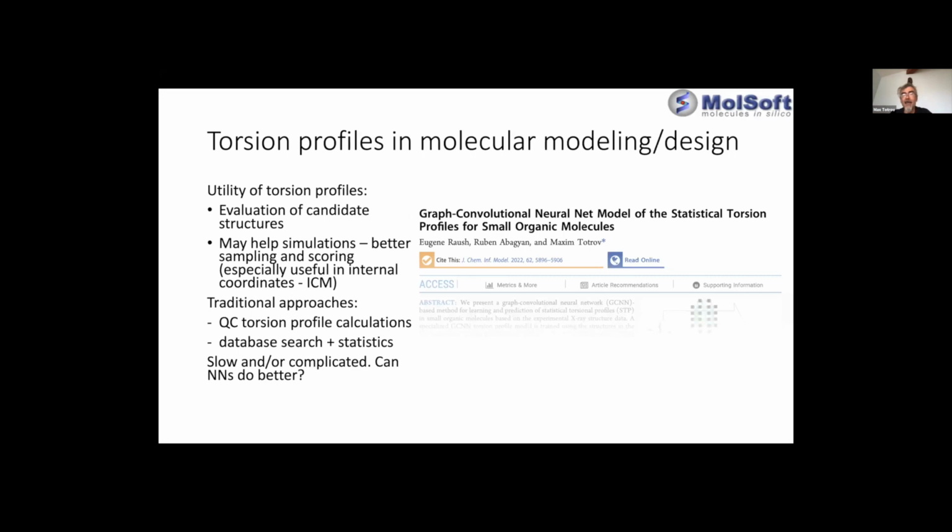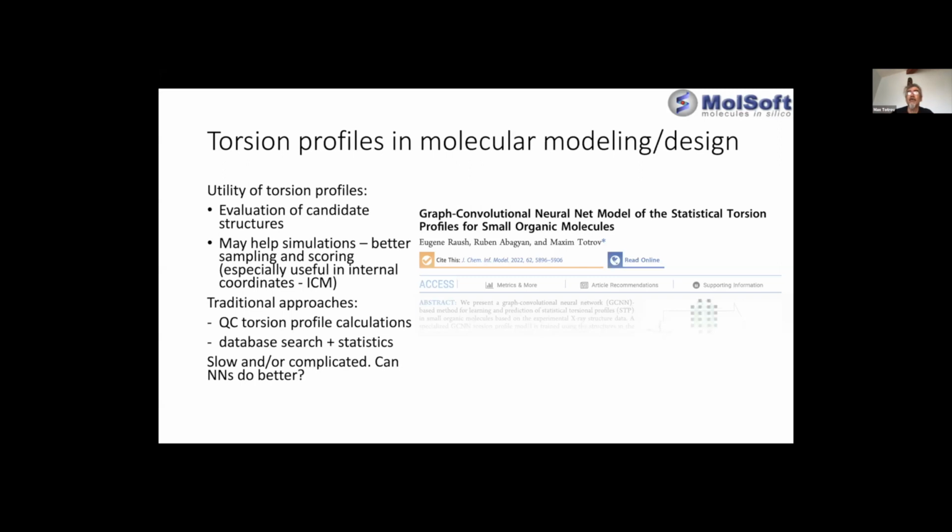And this sort of evaluation is normally accomplished by calculations with quantum chemistry. So you would do a torsion profile by scanning rotations around the bond, which is quite expensive computationally and kind of complex to set up and perform.